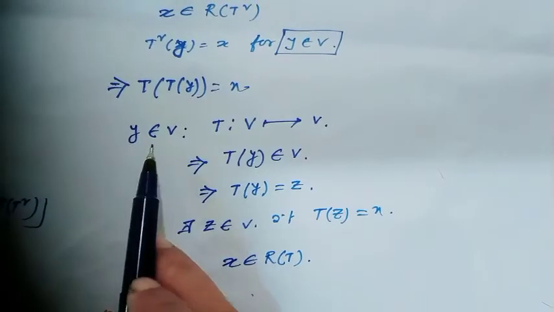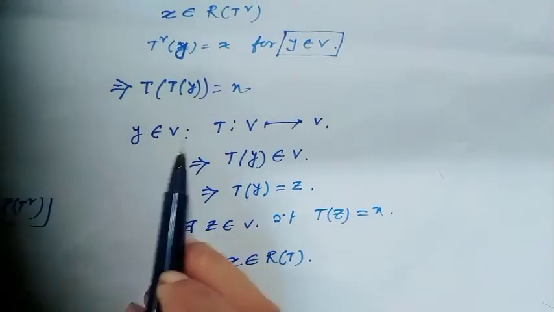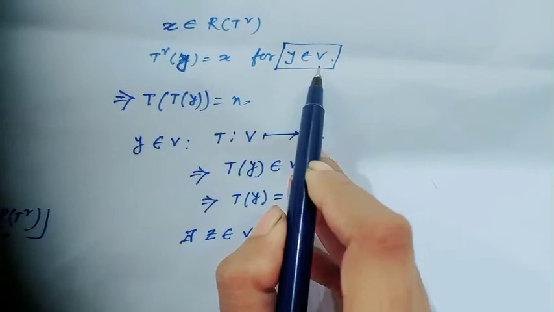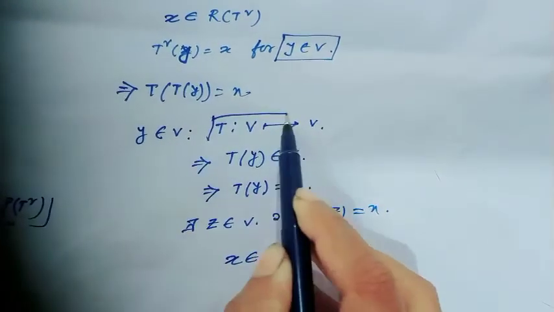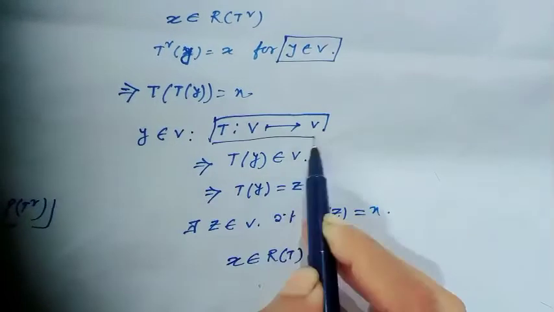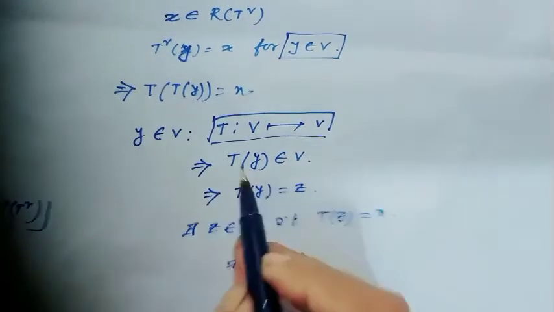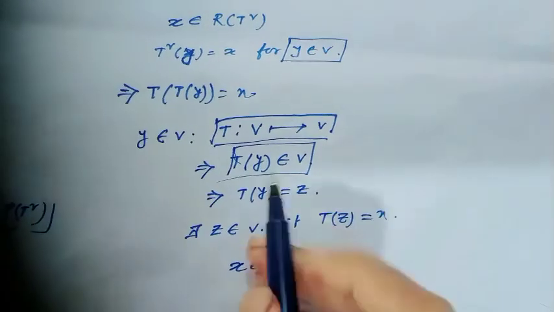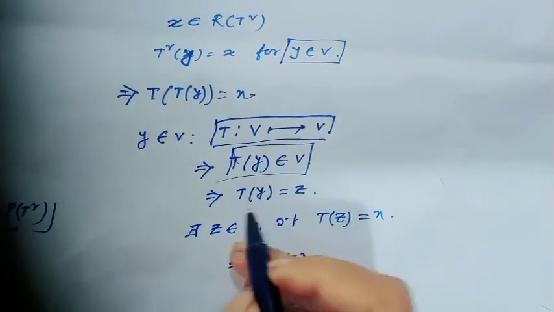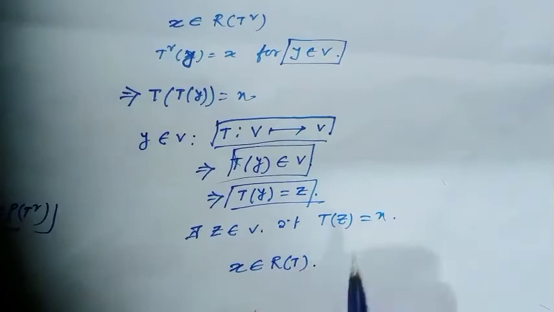If y belongs to the vector space V, then there exists a linear transformation T from the vector space to itself such that T of y belongs to V. And this means T of y equals z.